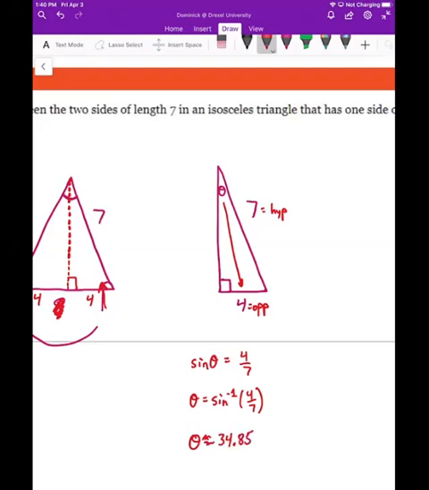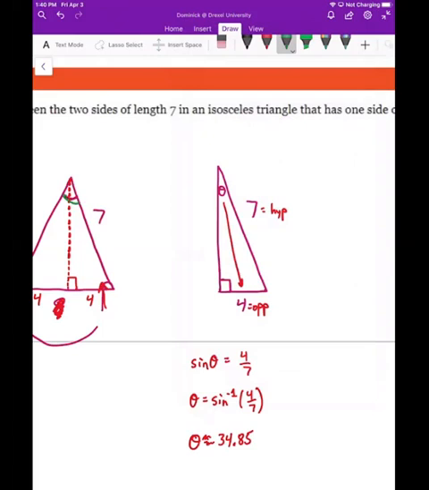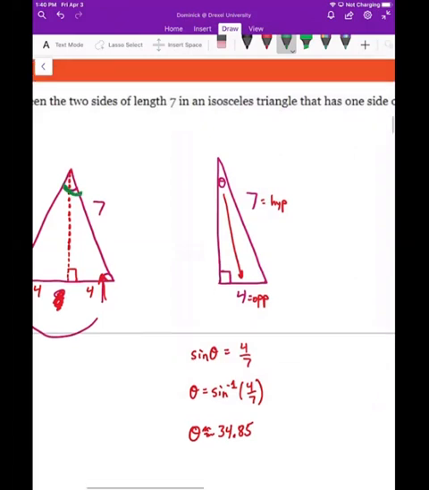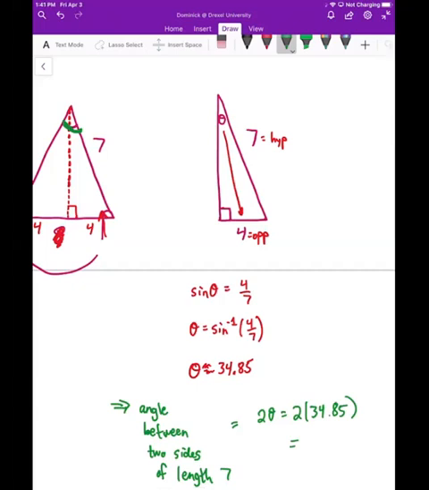If I take the inverse sine of 4 over 7, we get that our angle is roughly 34.85. But remember, we wanted this entire angle at the top, and we just found 1/2 of it. So the angle between the two 7 sides of length 7 is going to be 2 times theta, which is 2 times 34.85, roughly 69.7.